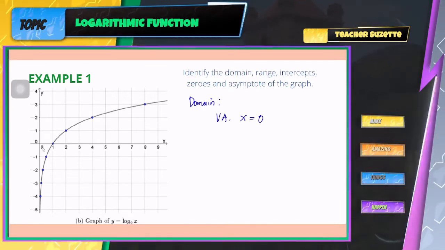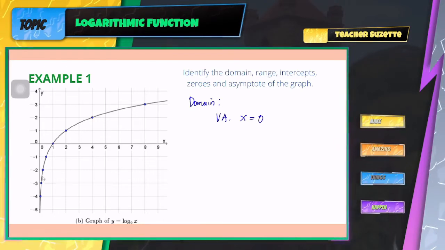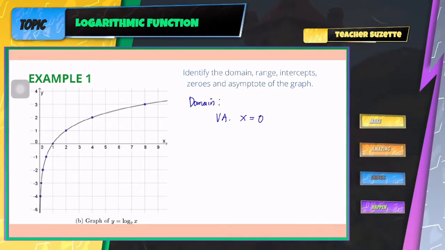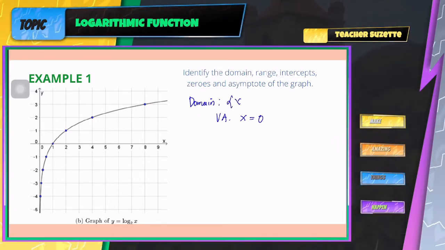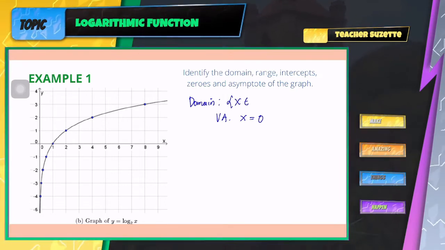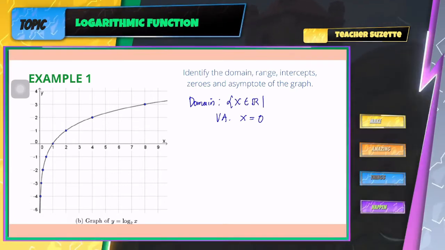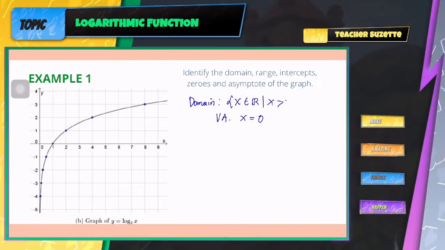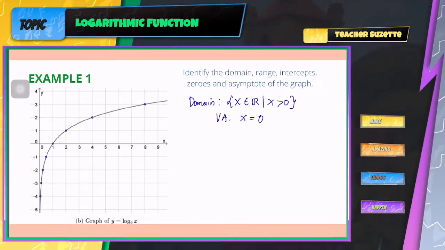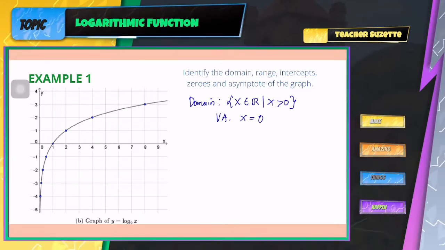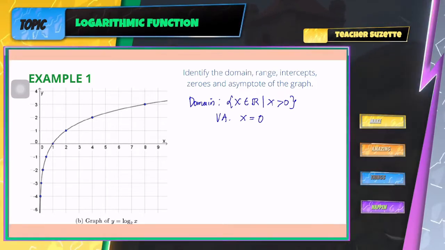So from here, we can conclude that the domain of our graph is the set of real numbers such that x is greater than 0. And with that also, we have already identified our vertical asymptote.